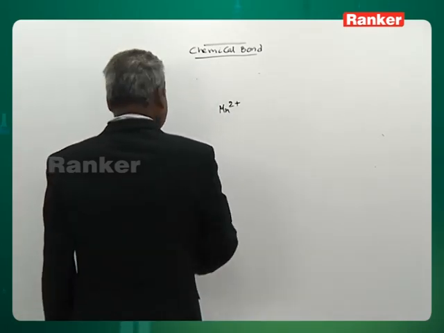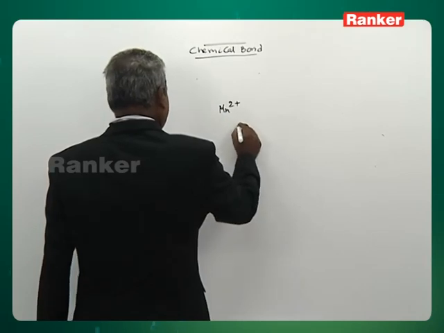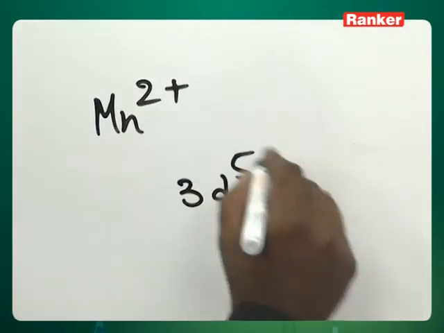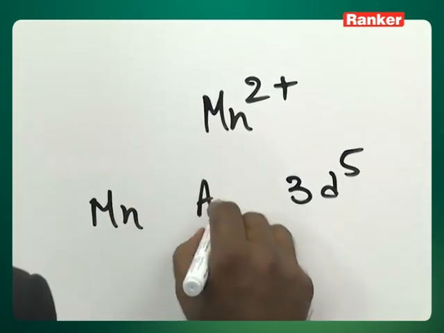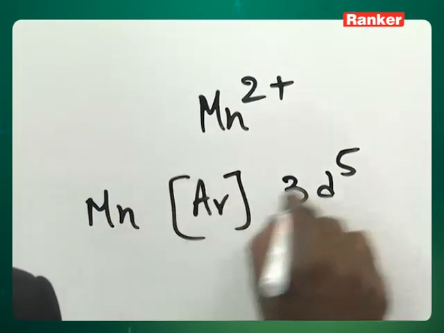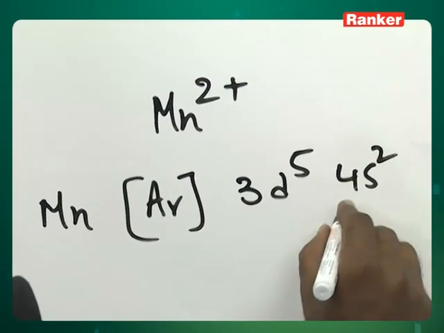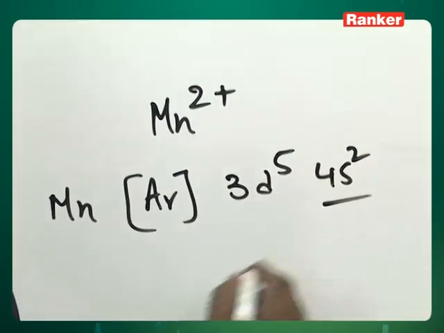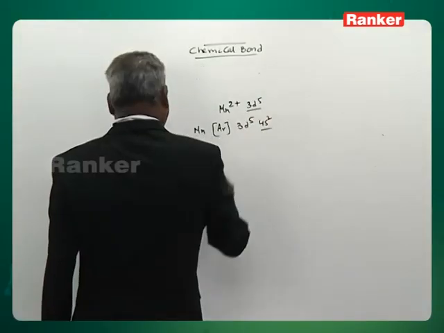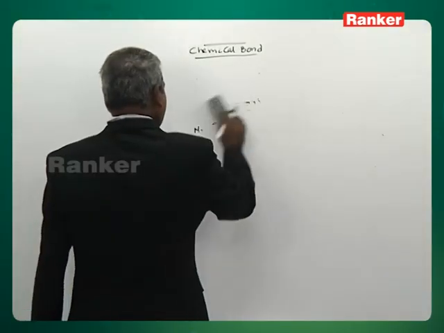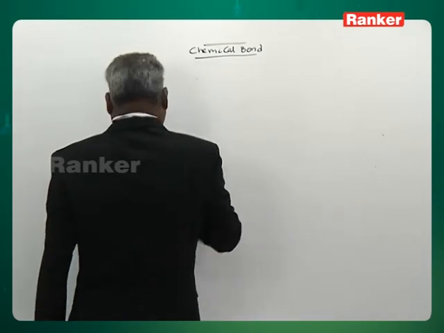Now, Mn2 plus, what is the configuration? Manganese is argon, 3d5, 4s2. When you remove these 2 electrons, you will get Mn2 plus, 3d5. So you have 5 unpaired electrons, and therefore it is paramagnetic.